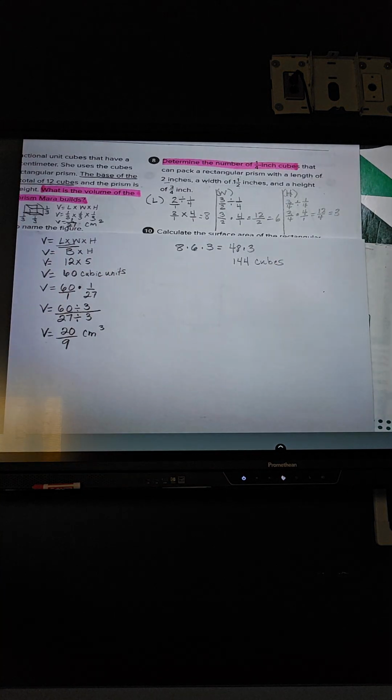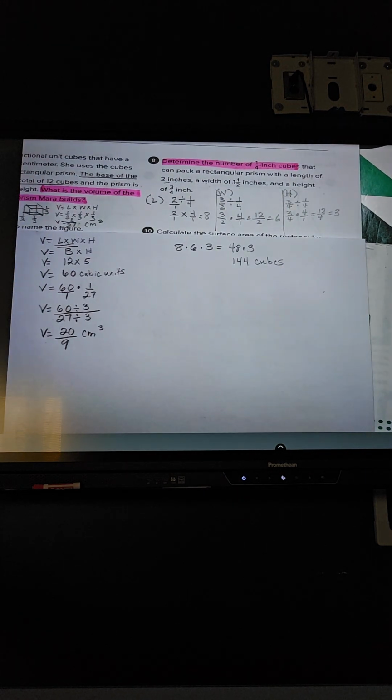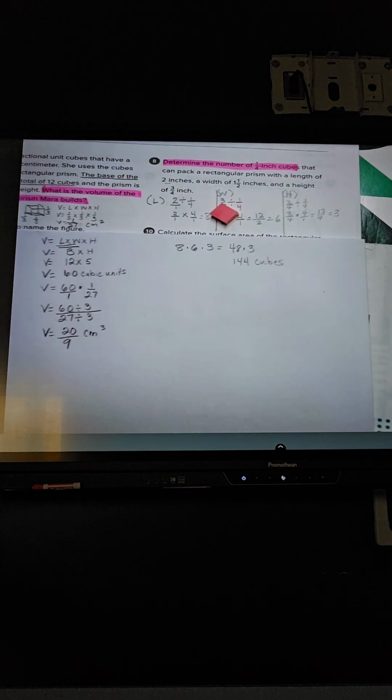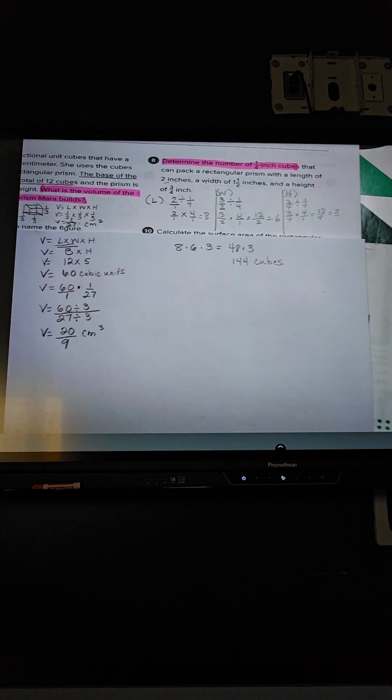Not cubic units, but cubes. Because remember the question, determine the number of 1/4 inch cubes. There are 144 1/4 inch cubes. So 144 of these to fill that prism. Okay, so yes, you gotta do all parts. Divide, divide, divide, then multiply, multiply, multiply.